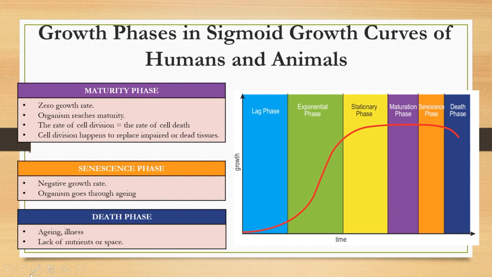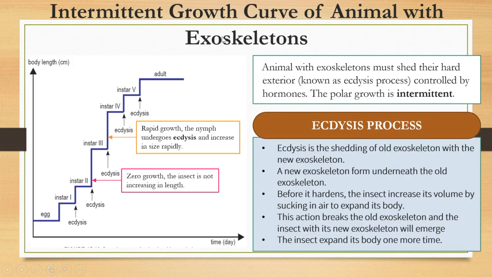All right. Next we go to the intermittent growth curve of animals with exoskeleton only. The growth curve of the exoskeleton animal we call intermittent growth.